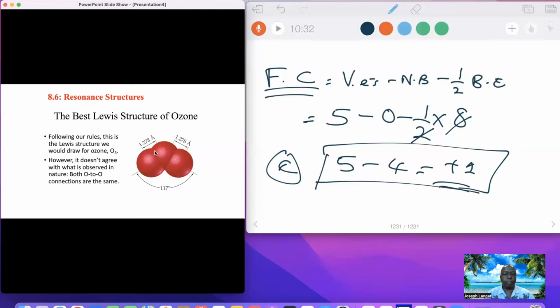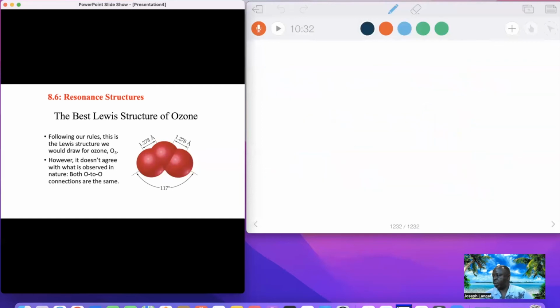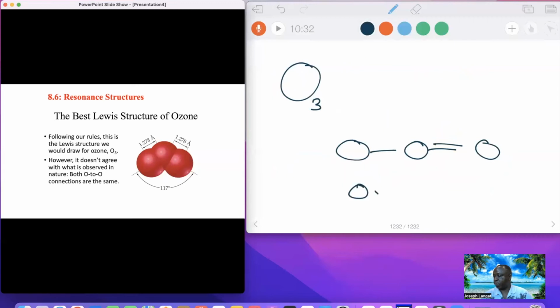Here is an example of ozone. Ozone has the chemical formula O3, and the double bond can change position. We call these resonance structures.